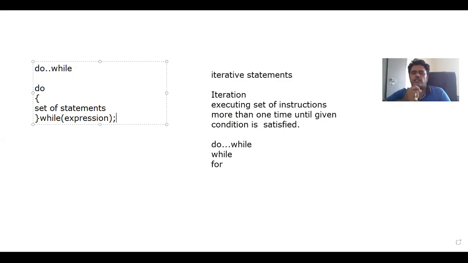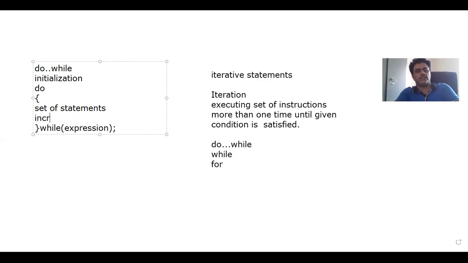So that's why either it is do while, while, or for, all three statements contain counters also. See an example. That's why we can change it as: here initialization, and here in the statements, implementation.